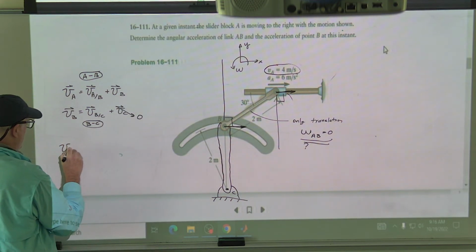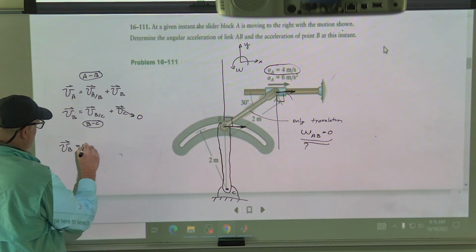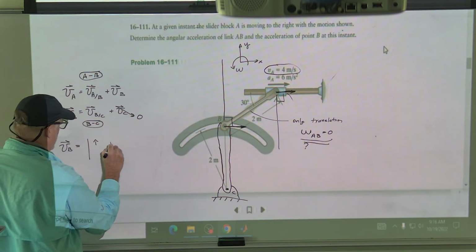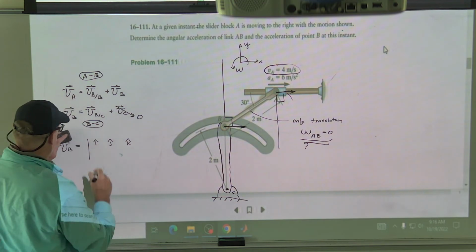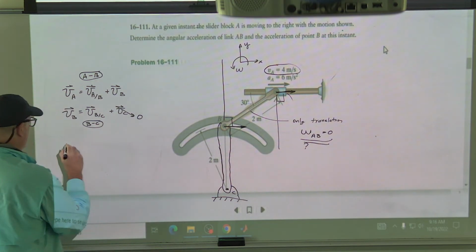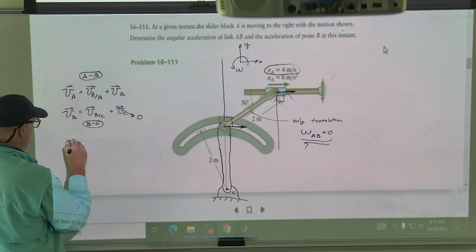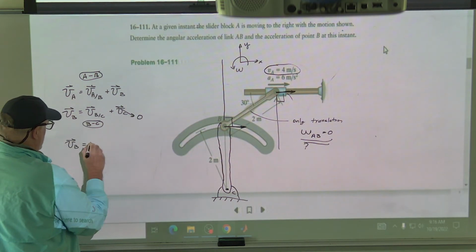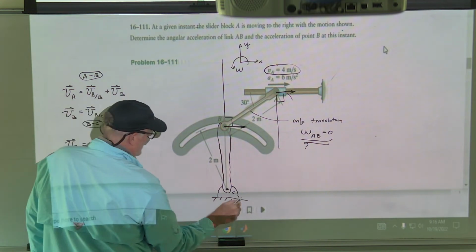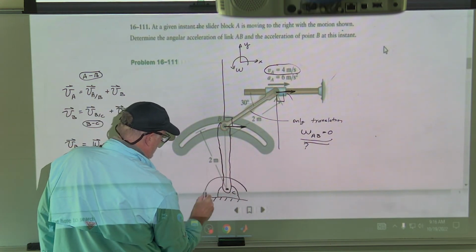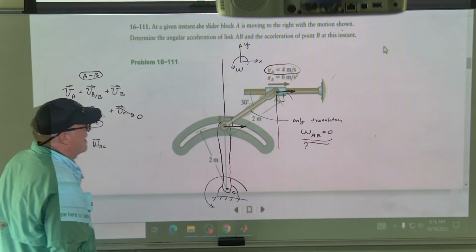So I'll do this one down here, and I'll do this one like right here. So velocity of B is going to be, hang on, I, J, and K. Let me do the one extra equation here. Velocity B is equal to omega BC, which I'm going to assume to be rotating this way.